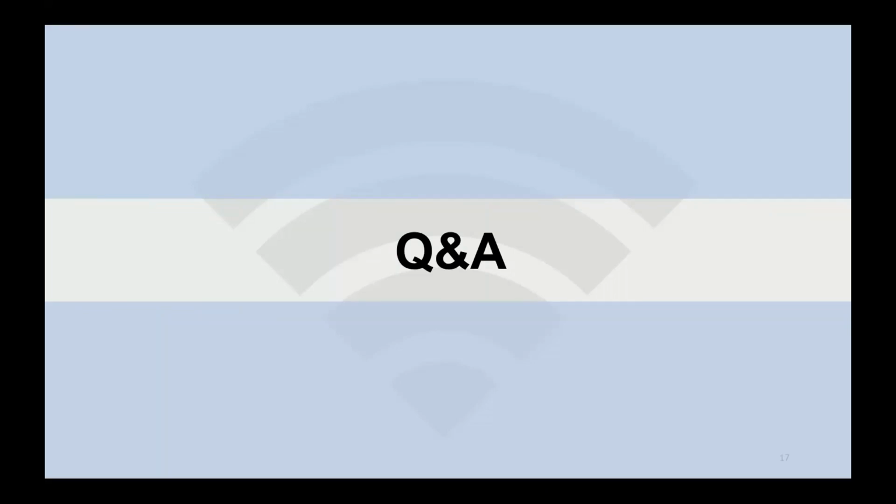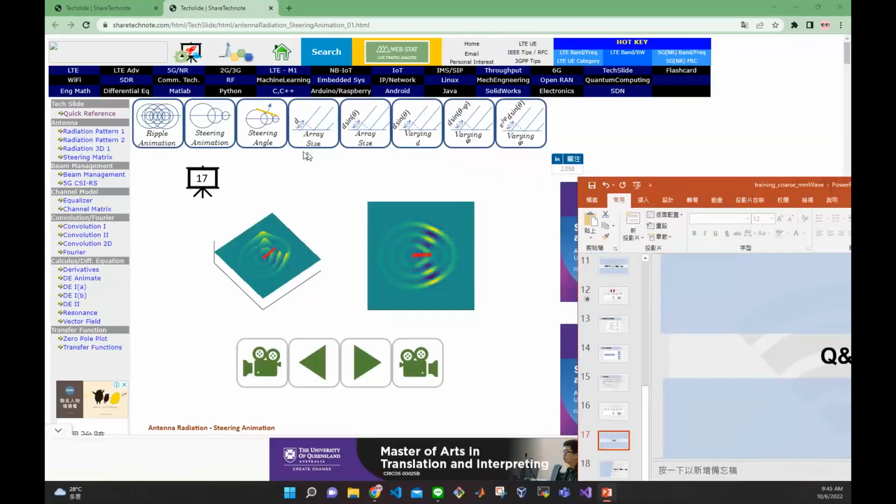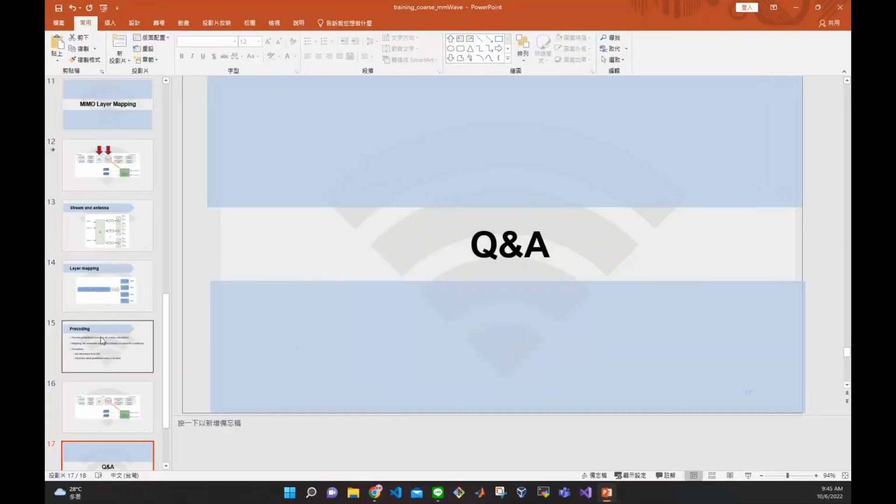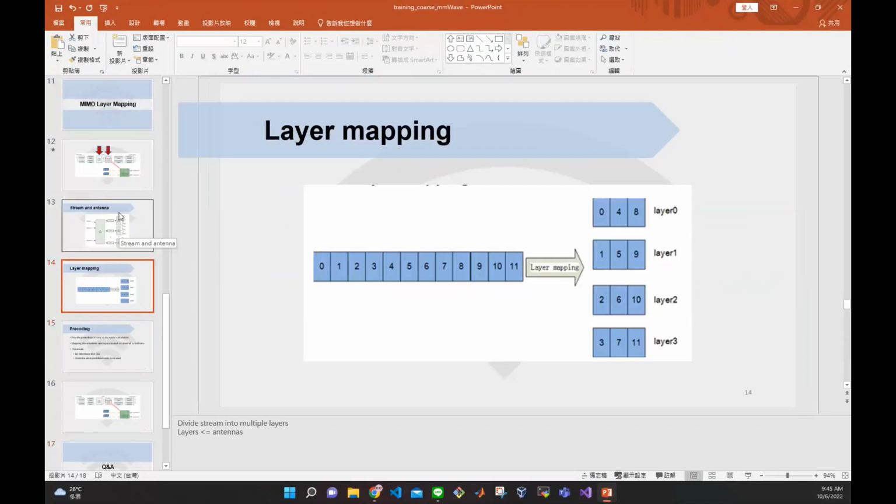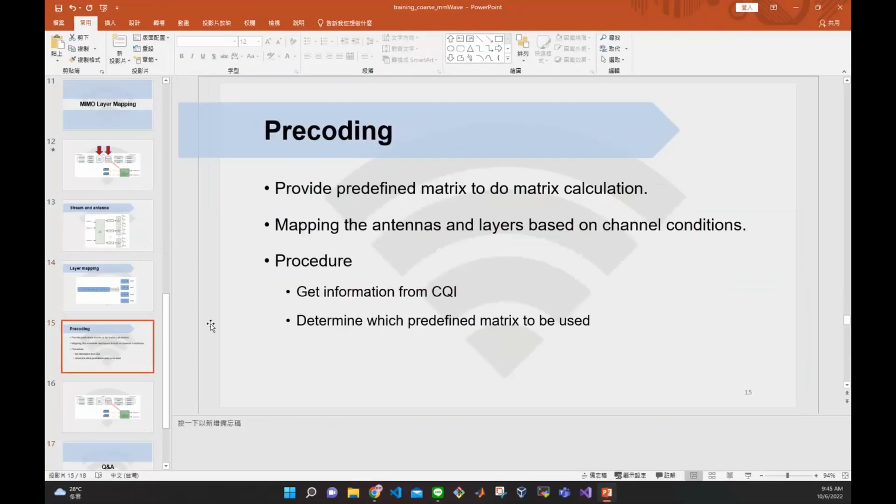The third one: can you go back to the pre-coding previous page? The next one. Yes. The pre-coding will get the information from CQI. So pre-coding will be done in the physical layer, right?